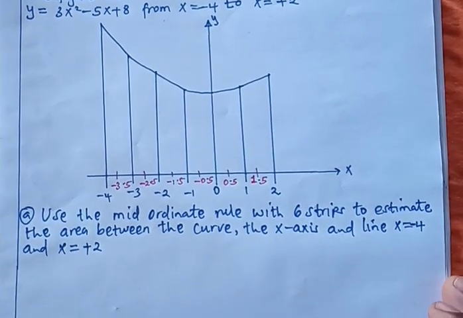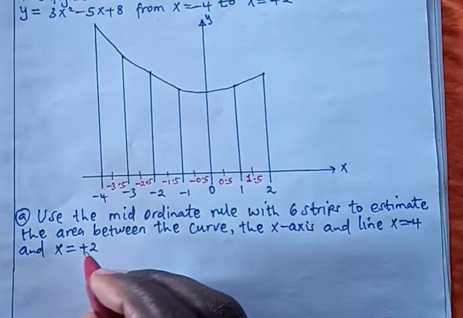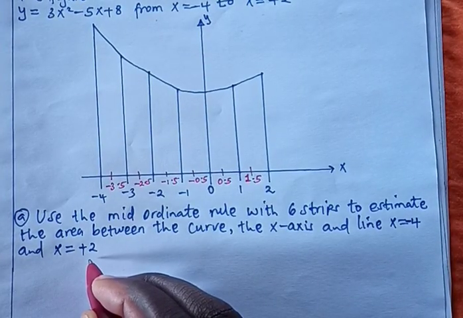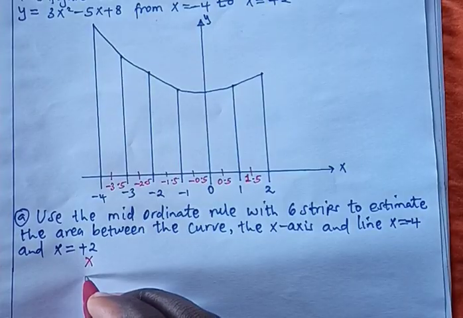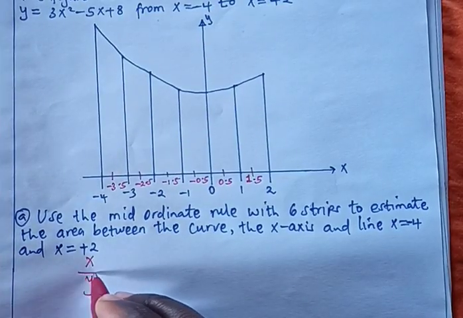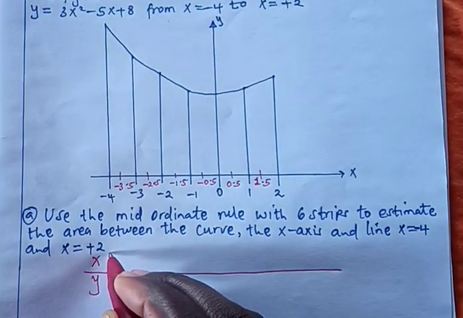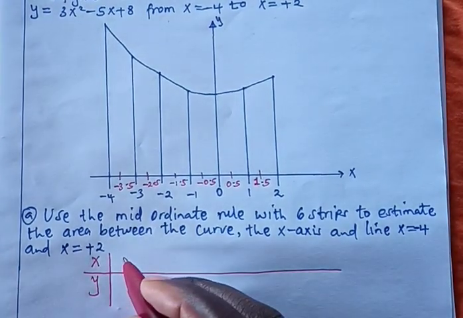First of all, we need to come up with a table that is going to carry x and y values. So let us have our x and y columns. We are going to write our middle values under the x.